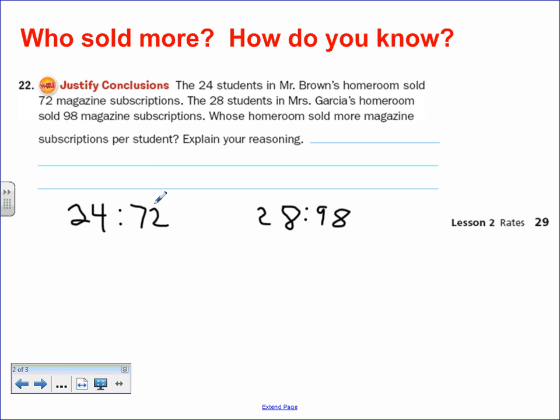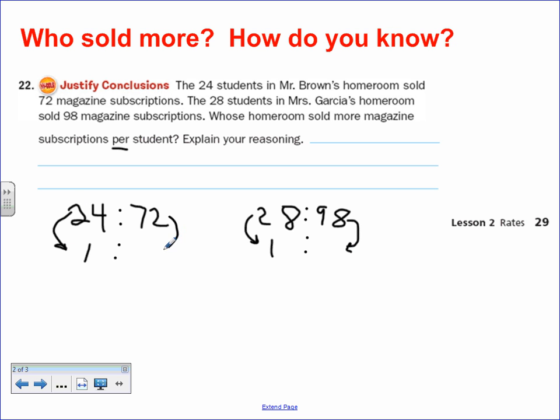This is a unit rate question because we don't know how many magazines per student. Now remember, the per means 1. So we want this 24 to turn into a 1. We want this 28 to turn into a 1. How does that happen? It does something here, and it does something different here, right?